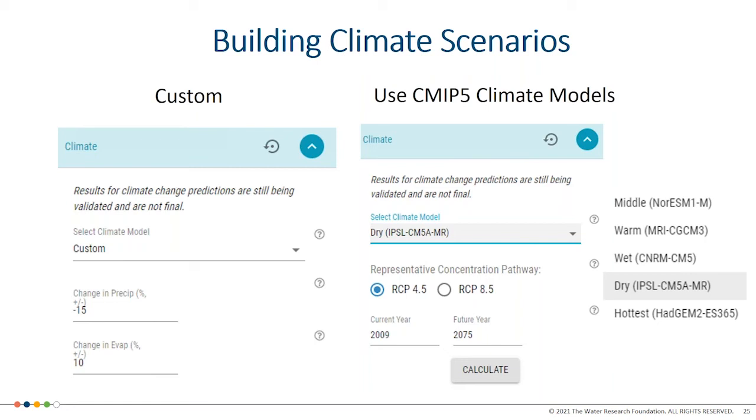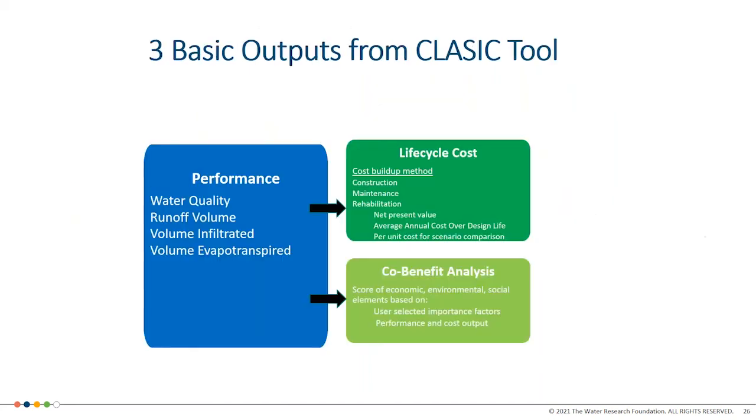And a user can select those different types of climate models, and then they would also select a representative concentration pathway, and that represents kind of the degree of mitigation we have for climate change. So RCP 8.5, for example, represents a low mitigation strategy with a lot of climate outcomes. Then the user would also select what future year that they're interested in looking at.